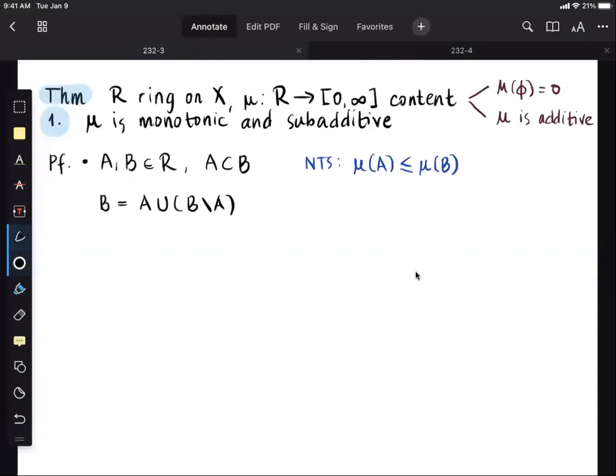So we have here a set B and we have here a set A. So B minus A would be the annular region or this donut shaped region here. So if you combine that with A, you get the larger set B. And notice also that these are pairwise disjoint.